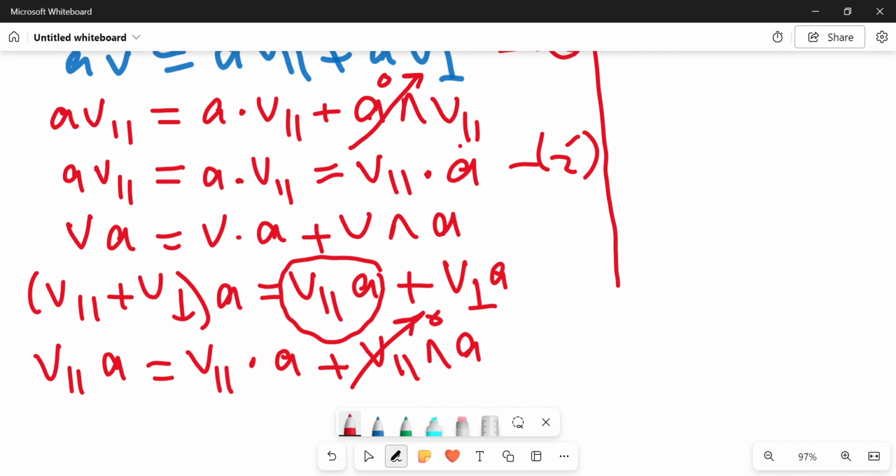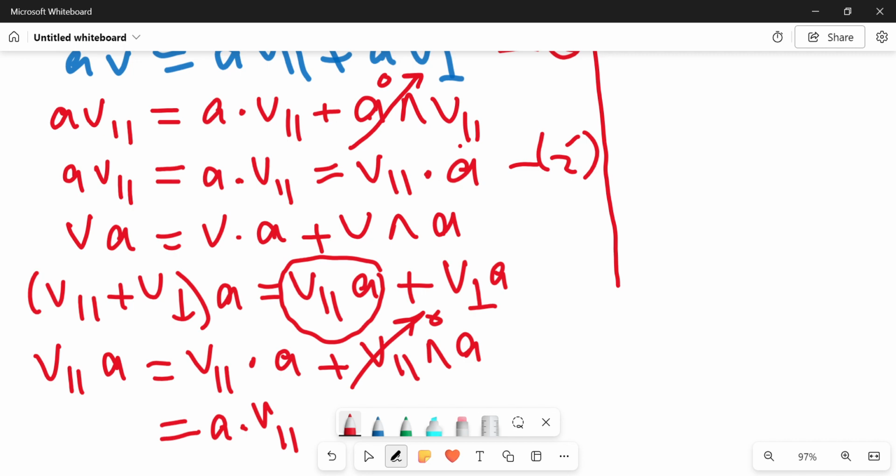So V parallel A is equal to V parallel dot A, and this also equals A dot V parallel, because we know the dot product commutes.